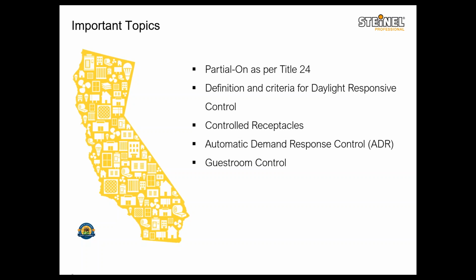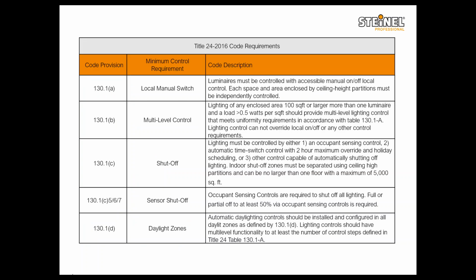We are going to first review the segments of the code and the requirements, and then we're going to go over some design applications and get into more details in those places.